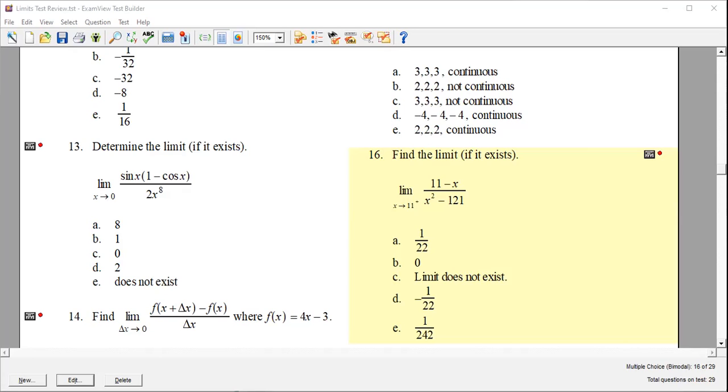Yep, how do I flip it around? Factor out -1. Just throwing out that negative, we'll flip the x and the 11. All right, then this will cancel out, and we're left with -1 over x plus 11.